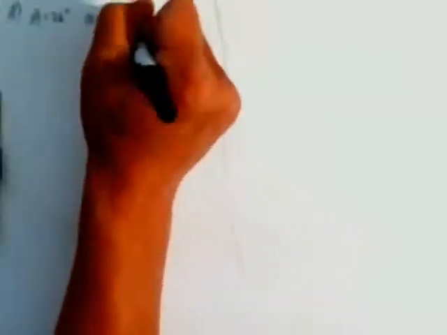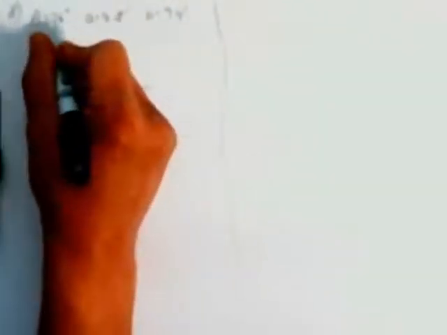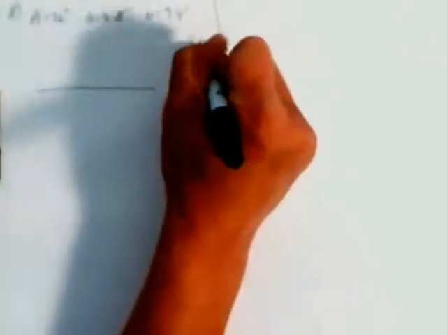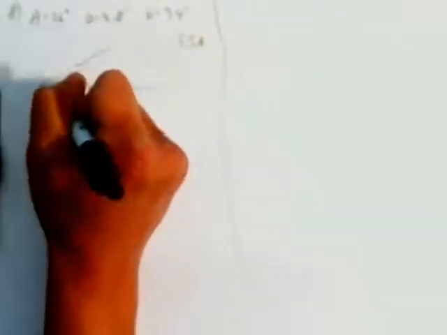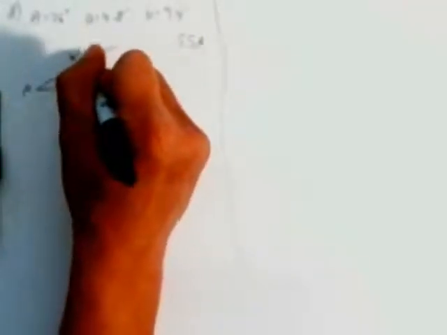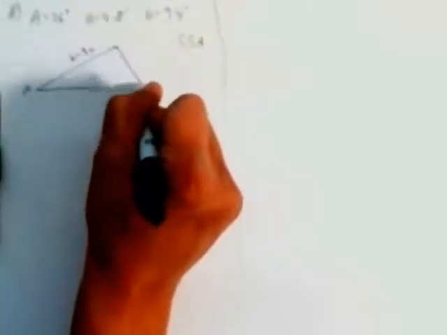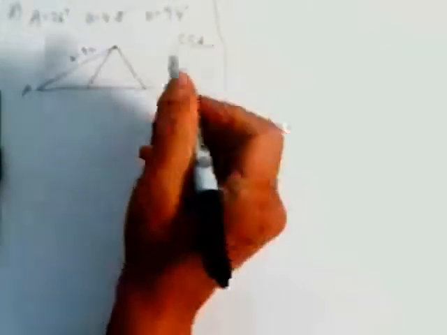Okay, 4.8 feet, 9.4 feet. So we know that this angle has to be less than 90. You have the ASS situation or the SSA situation backwards. It's a bad word, you can't use that. So that's A right there, and that's little b right here, 9.4. We know that that's much smaller than 4.8, so we'll probably make two triangles here.